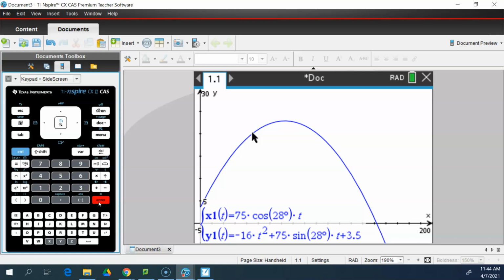On the graphing calculators, if you put that degree symbol there like I did, then it overrides your radians. Okay, so now we've got that.